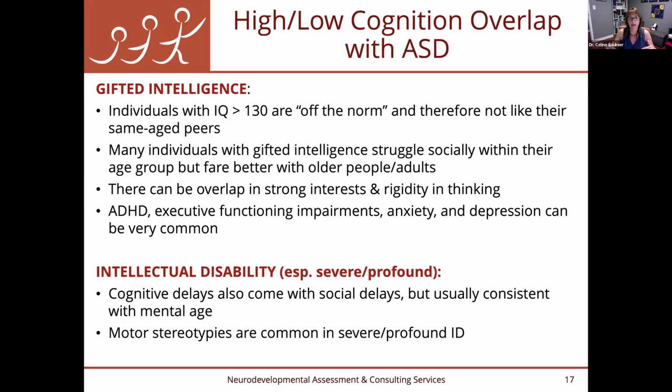And then on the flip side, if someone has profound intellectual disability or really global developmental delays as a young child, and they don't have autism, they can fall above the thresholds for autism symptomatology on our autism measures. So we really want to be careful.